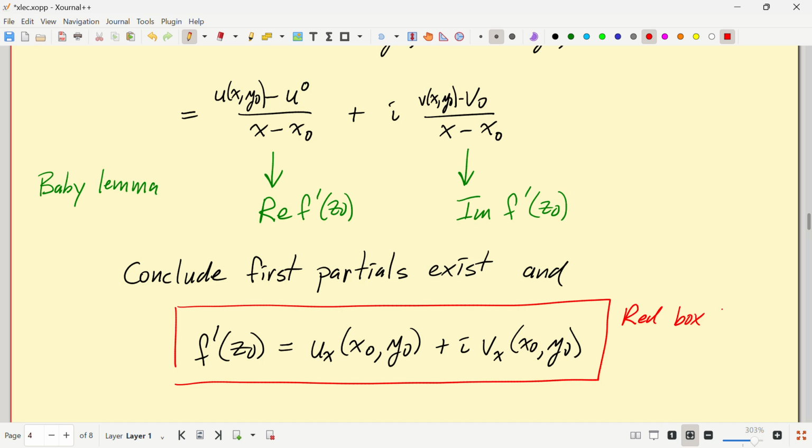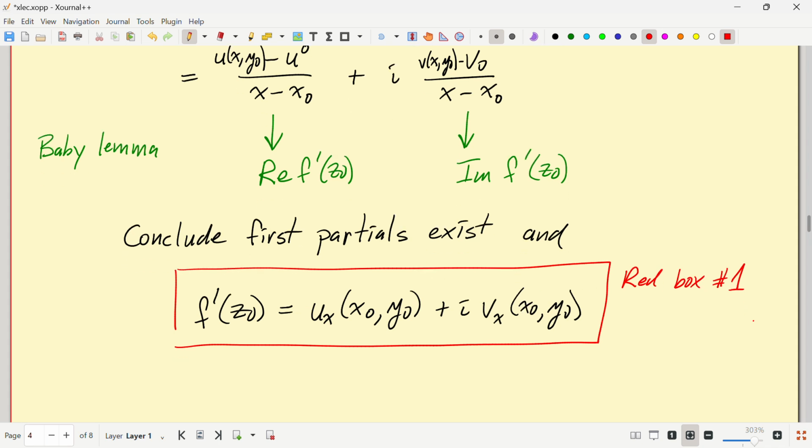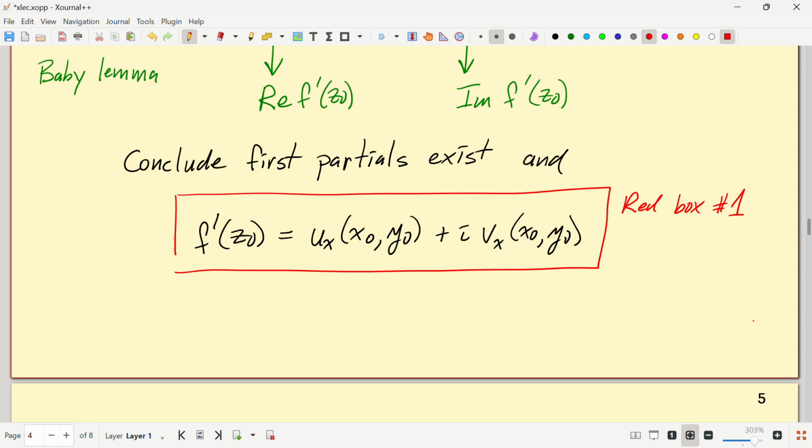There's going to be a red box number 2, and when we equate them, we're going to get the Cauchy-Riemann equations. But I'm going to refer to these calculations many future times in the class. So the book doesn't mention red box number 1 and red box number 2, but I use these terms in the future. So that's step 1. Step 2 is to slide along the vertical.